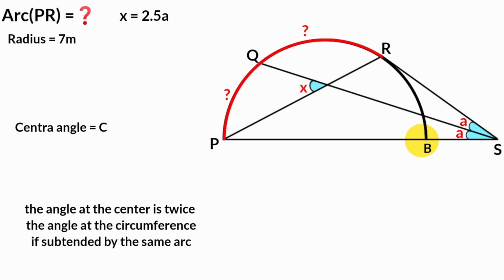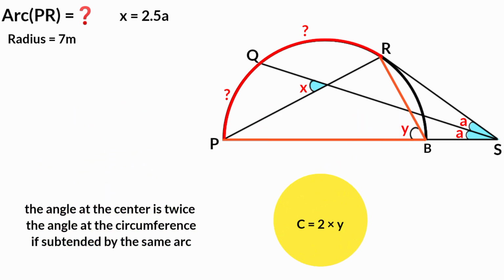Let's call it B. Assume the size of this angle to be Y. Now angle Y, if you look, is an angle subtended by this arc PR to the circumference. So since C is the central angle, based on this rule, C is twice the size of this angle Y. We write it out here. C equal to 2 times Y.